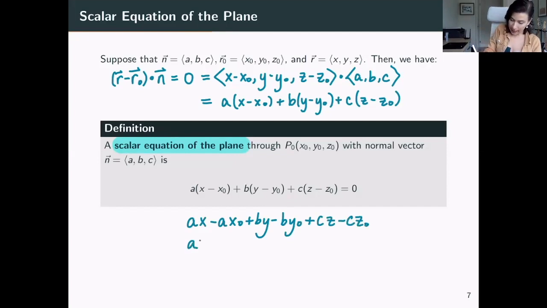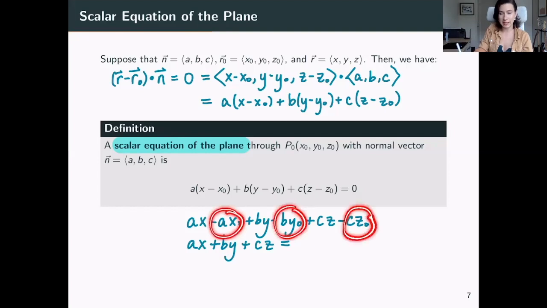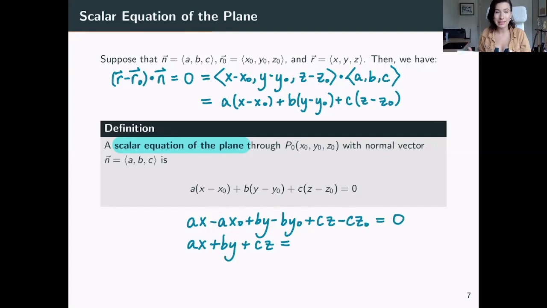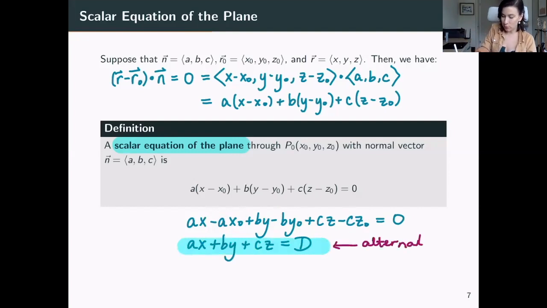I could then have ax plus by plus cz equal to, and I can move all of these terms, which are constants, over to the other side of the equation. But since they're constants, some people gather them into a single constant and call it d. Either one of these can be used as the scalar equation. This is just an alternative form that you may see in your work, and one that I wanted to throw out there now rather than later.